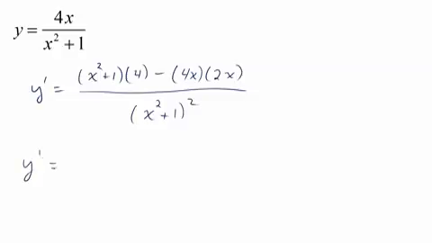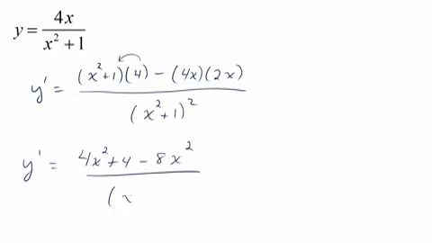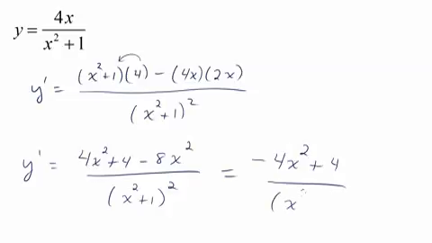Distributing the 4, we get 4x squared plus 4 minus 8x squared all over the quantity x squared plus 1 squared, and combining like terms in the numerator gives us negative 4x squared plus 4 all over x squared plus 1, that quantity squared.